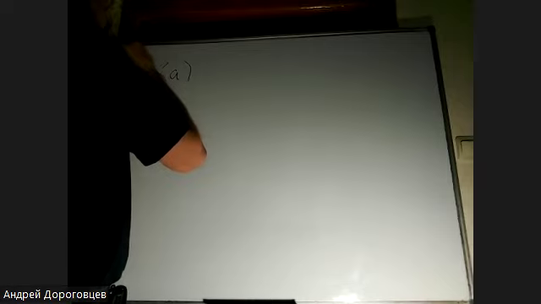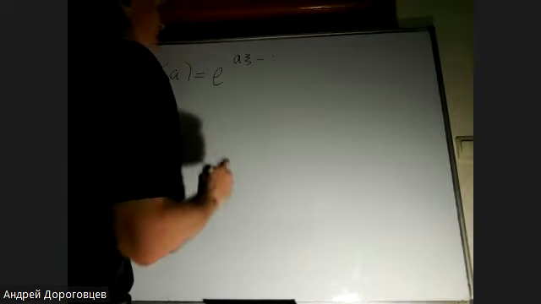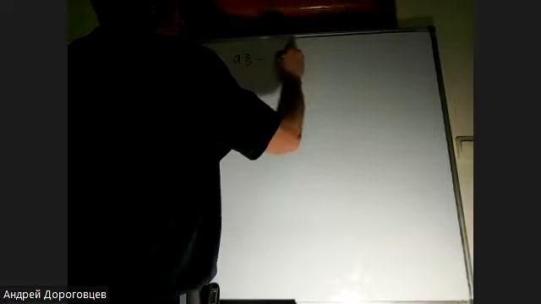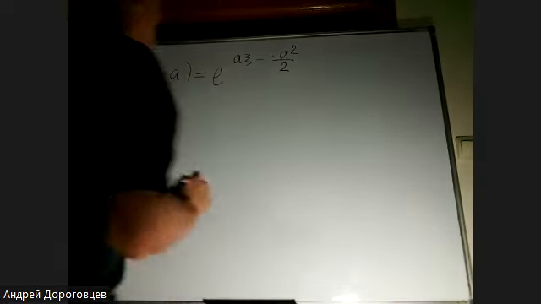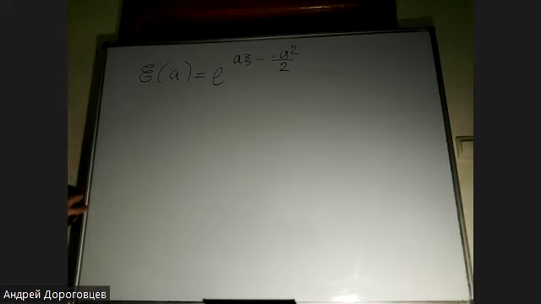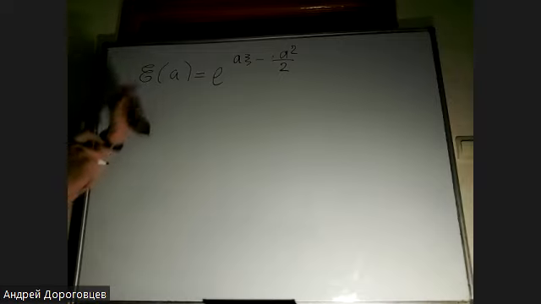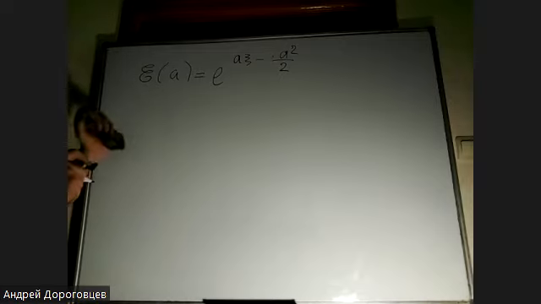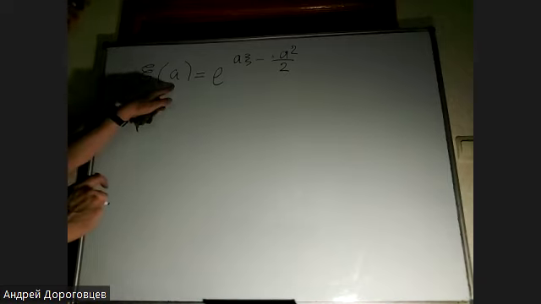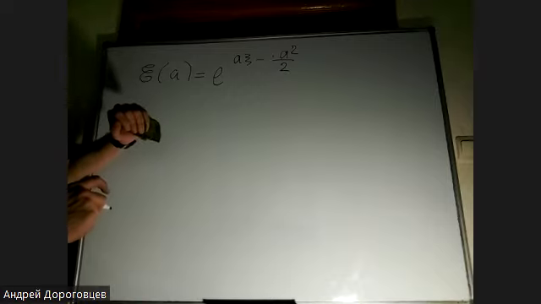Now let's go further and just recall that when we have the stochastic exponent e_a(ξ), it is equal to exp(aξ minus a squared over 2), and the stochastic derivatives of the stochastic exponent with respect to a are exactly the Hermite polynomials from ψ.